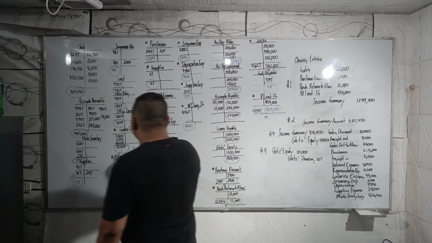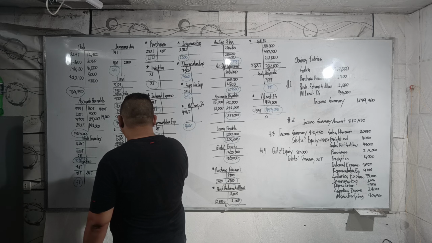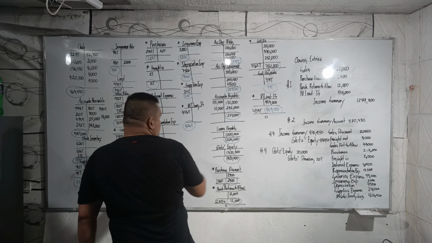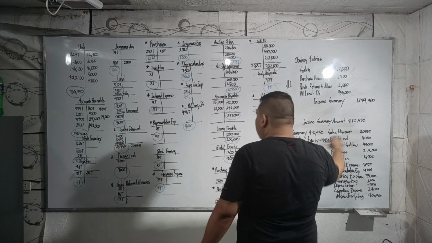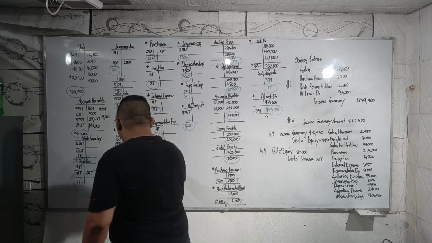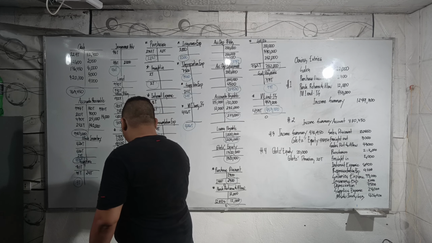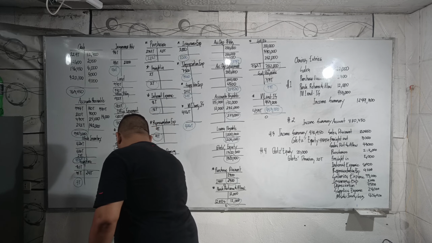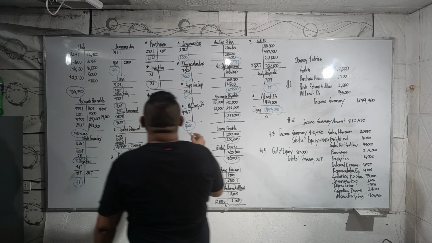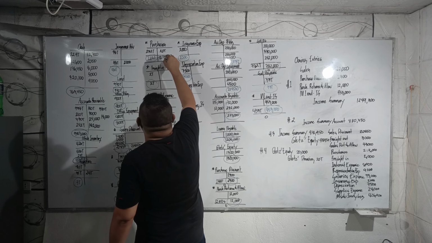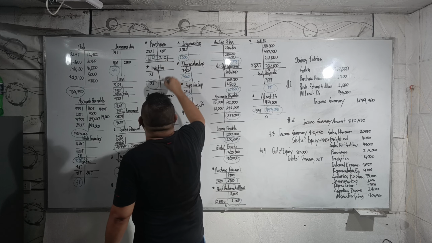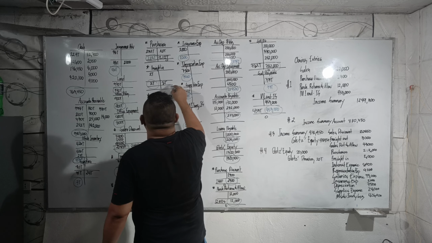The same is true here on the sales discount. You have to post the credit because the sales discount here has been credited, and it will be reduced to 0. And then the freight out will be reduced to 0. And then the sales returns and allowances should be reduced to 0 also. And then we have the purchases. It's credited by 212, so it will become 0. The freight in, 0.